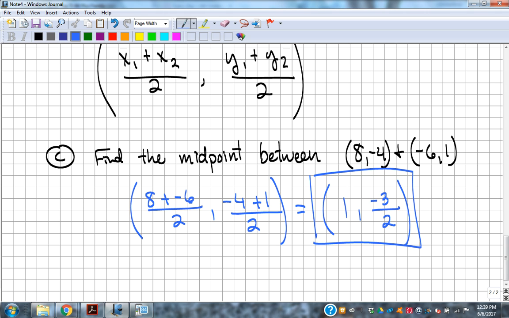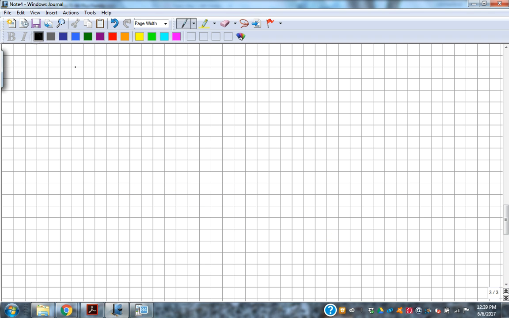All right. Let's look at finding a missing endpoint. If we're given the midpoint and one of the endpoints, can we find the missing endpoint? That's a little bit more difficult, but that's where they extend the midpoint formula for us. Keep in mind, you might want to go back and watch this again when you start doing some practice with this part.